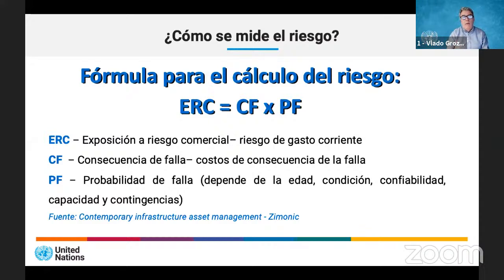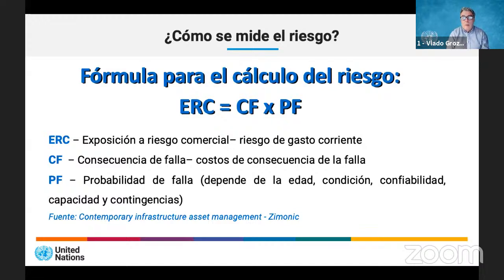This probability of failure depends on the age of the asset. For example, if it's toward the end of the service life, the probability of failure is much higher. Also, the condition. If the condition deteriorates very quickly, even if it's, let's say, in the middle of the service life, then the probability of failure can be even higher.